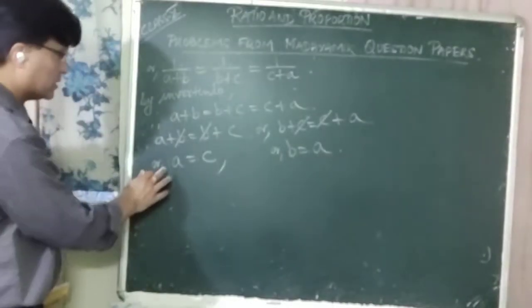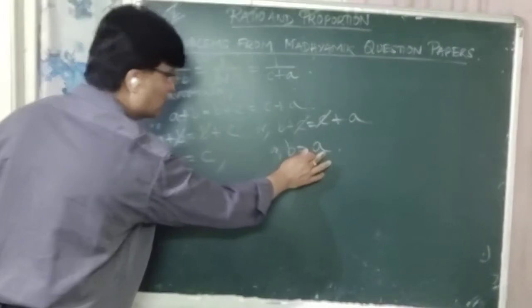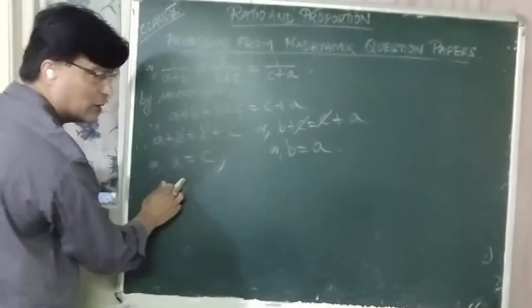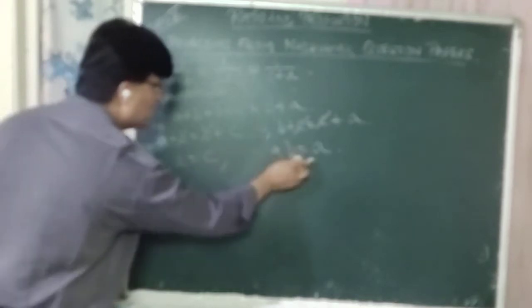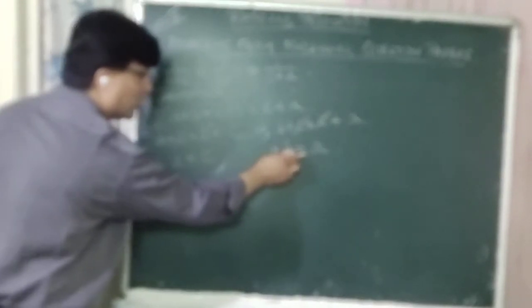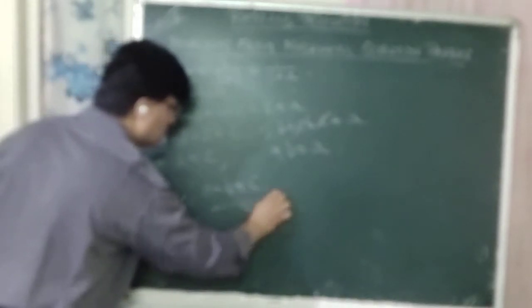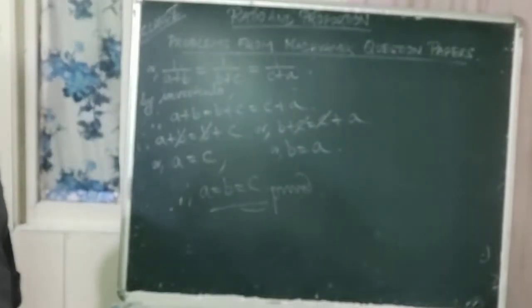So we got this relation, A is equal to C and B is equal to A. You can combine these two to get A is equal to B is equal to C. That is proved. Is that understood?